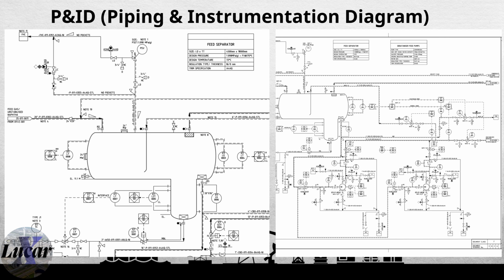Finally, piping and instrumentation diagram, or P&ID. Now that we have covered block diagrams and process flow diagrams, PFDs, let's dive deeper into the process with the piping and instrumentation diagram, P&ID. As you can see, this is a real-world example of a P&ID.